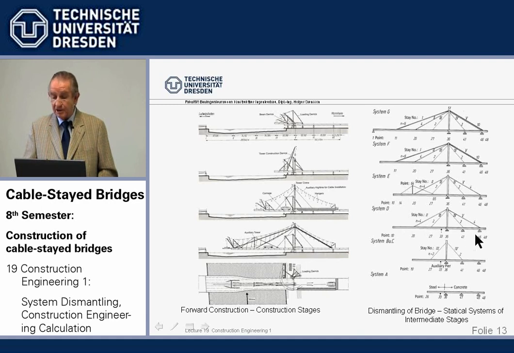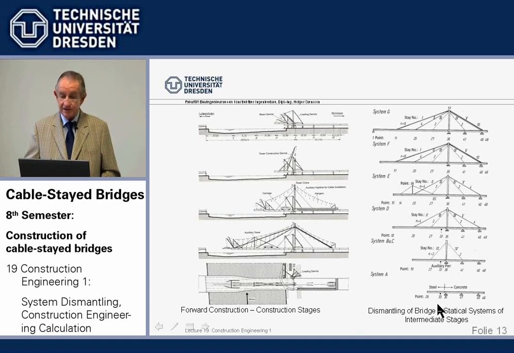And so we go on, and on, until finally we have removed everything. So that is the actual forward construction on site, and that is the corresponding backwards calculation, dismantling the bridge theoretically.